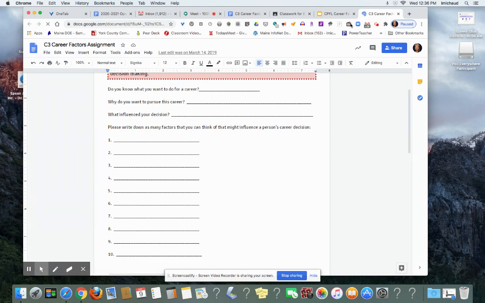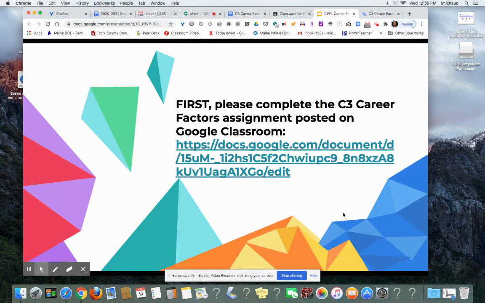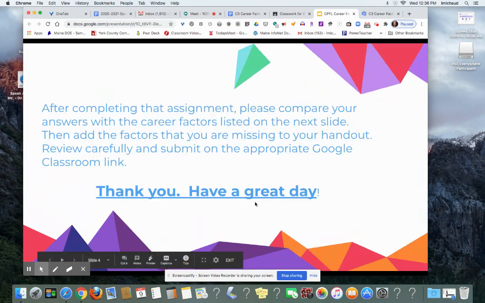Okay, and so after you complete that, please compare your answers with the career factors listed on the next slide. And then this is important. Then you want to add the factors that you're missing to your handout. Okay, so you want to look on this next slide here.